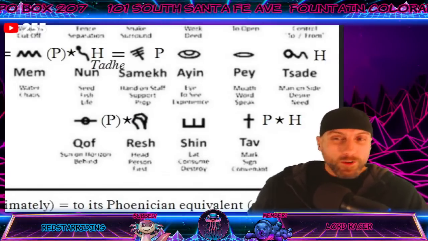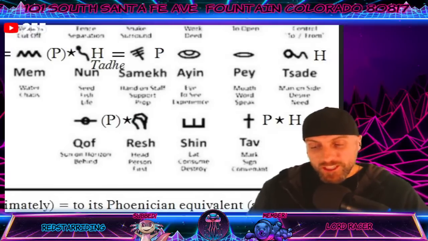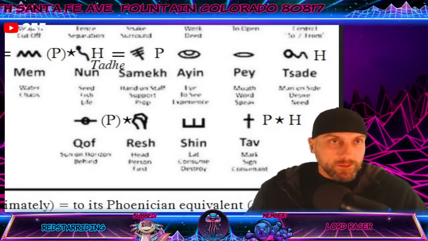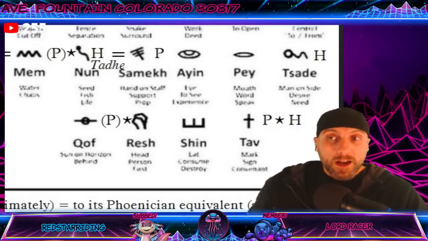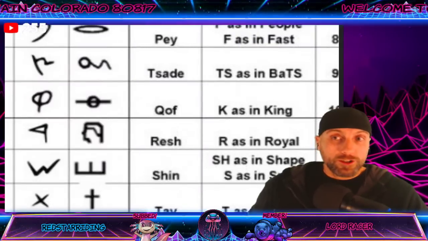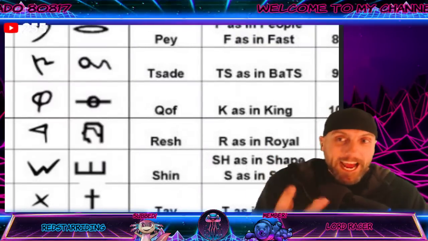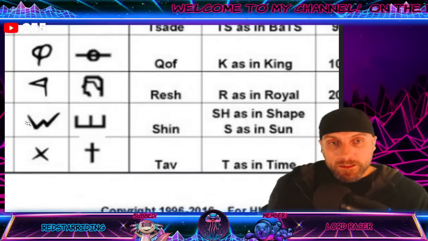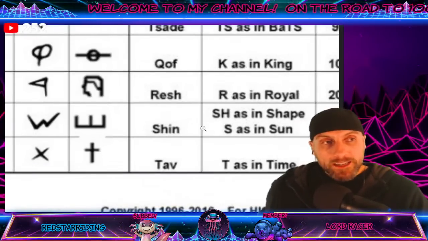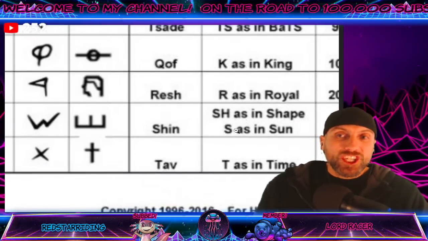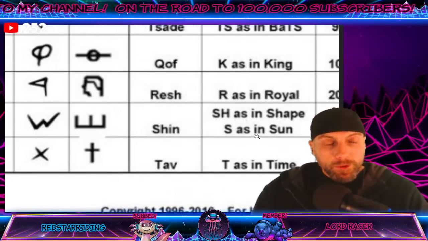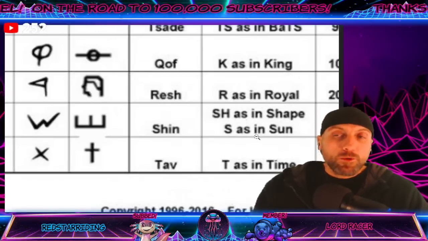Okay, so the letter sheen is typical of having a negative connotation because of what it implies, which is that the teeth are there to crush, to destroy, to break down things, right? And that's what it implies. This one is more of a sh sound. It could be pronounced S, but that's more samek.